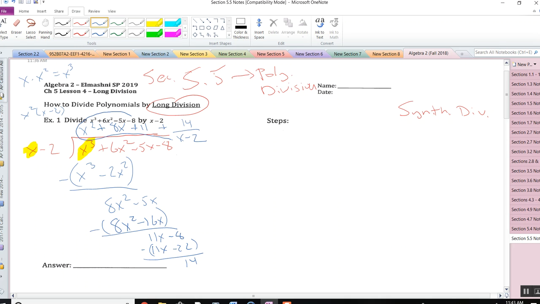So really what we've done is figure out a way to re-express this expression that we were working on originally: x cubed plus 6x squared minus 5x minus 8 divided by x minus 2. It's the same thing as saying that.